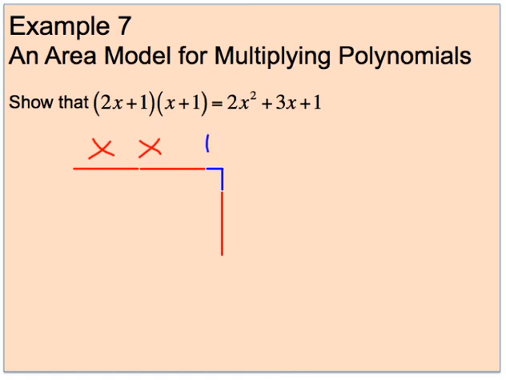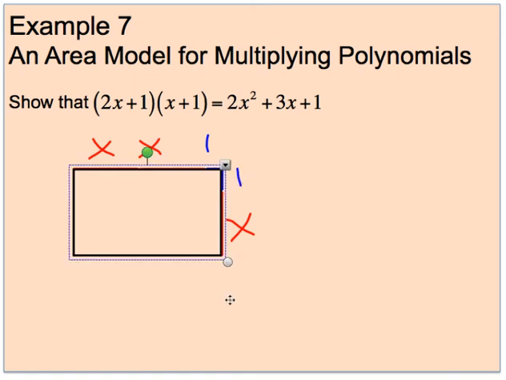And then I've set up the other side of the rectangle so the length is 2x plus 1 and the height of the rectangle in this case is just x plus 1. Okay, so what I've done here is I've taken this and I've forced it to be a rectangle. Now by doing this, what I can show you is that this rectangle can be separated into several smaller pieces.